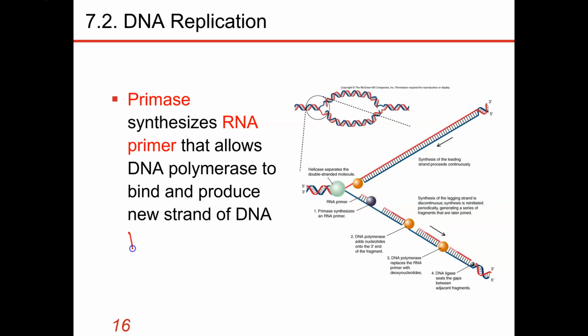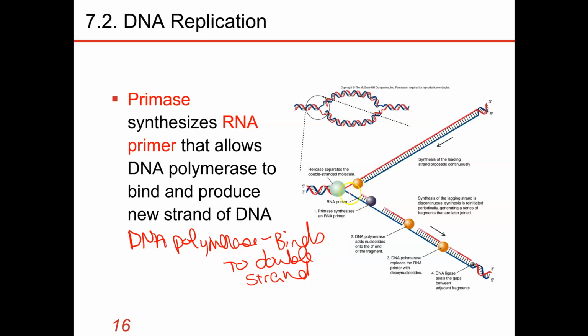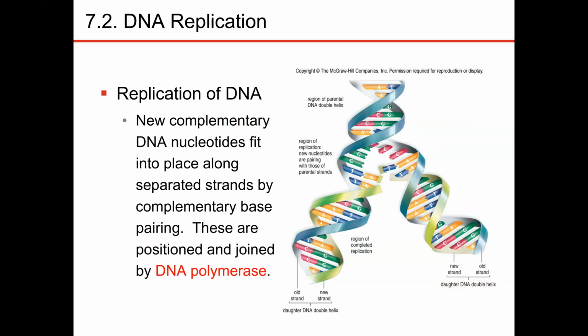DNA polymerase has to bind to a double-stranded structure. So it can't bind directly to the single strand of the DNA. So we have that primer that allows DNA polymerase to bind. And then DNA polymerase binds and it starts producing complements to the parent strand.